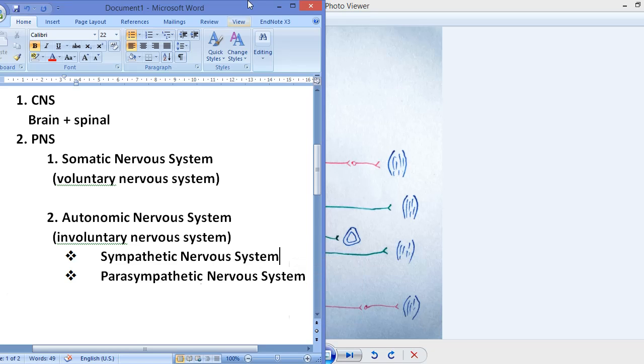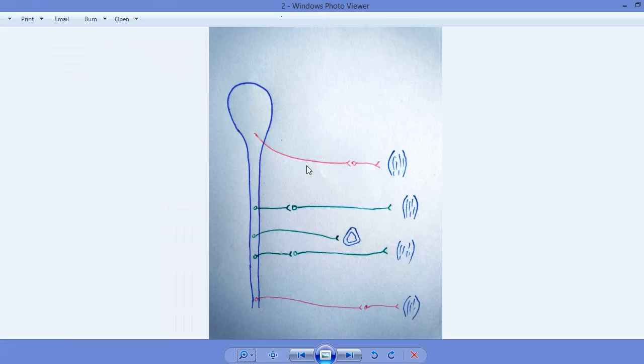These are the 2 types of autonomic nervous system, which are not controlled according to our will, and which are represented in this diagram by the red and green lines. Okay.